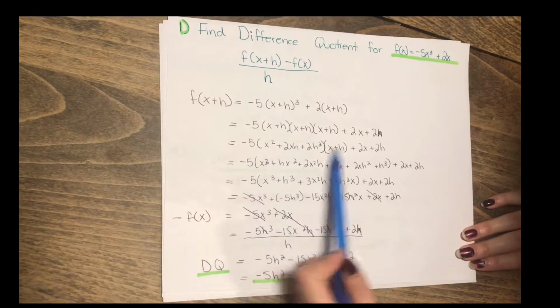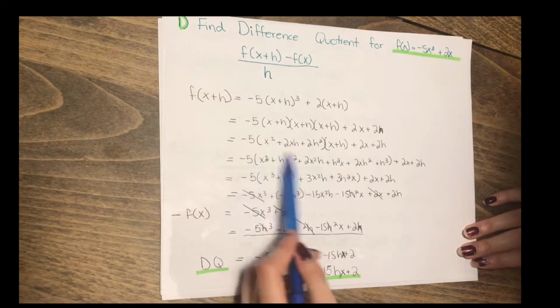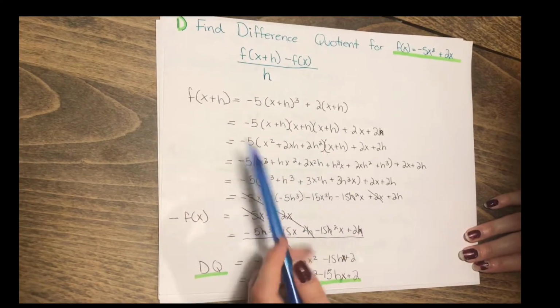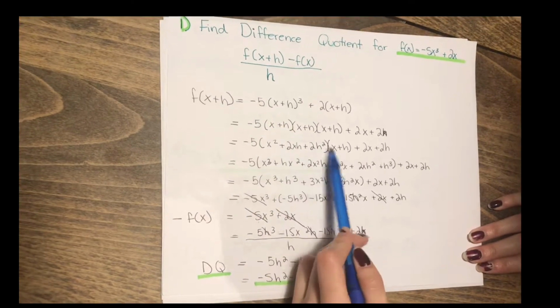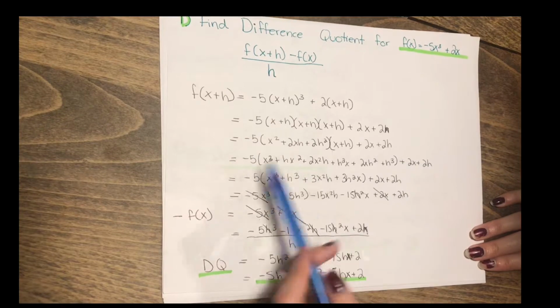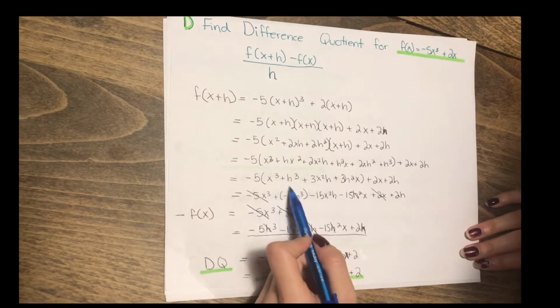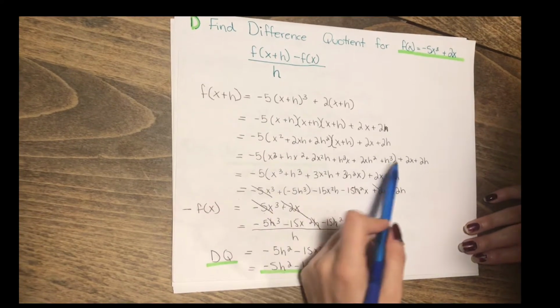Now you're going to multiply times the x plus h, and you're going to get negative 5 times x to the third plus h x squared plus 2x squared h plus h squared x plus 2x h squared plus h to the third, and then bring down the 2x plus 2h.